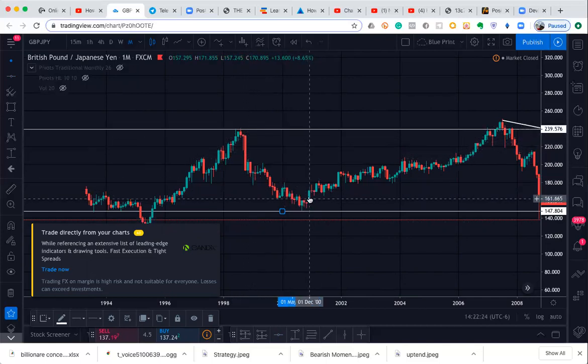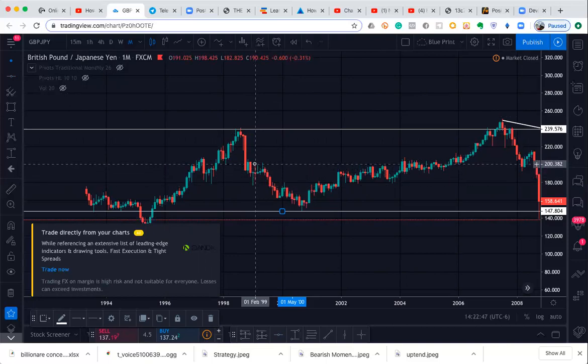Remember, what the banks want is that they dump 50 million in the market. What are they trying to do? They're trying to double their money. So when you see these big long candles like this, it's actually good for you and I, but it's actually bad for the banks and the institutions.